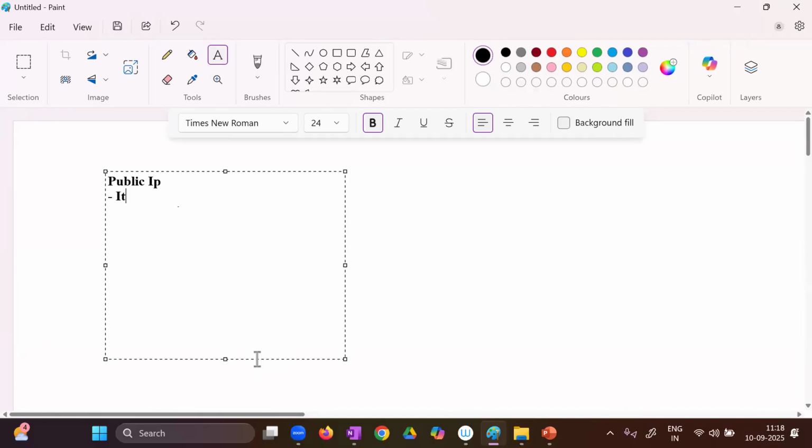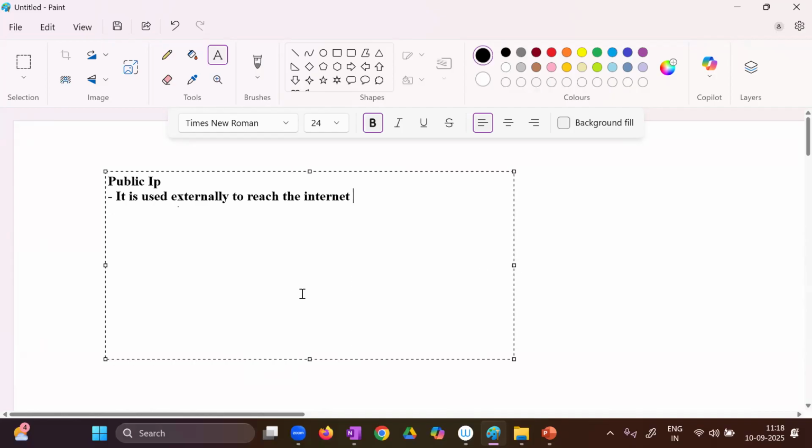See, it is used externally to reach the internet. Why do we use this public IP? It is used to reach the internet and it is used externally, right? Next point: it is unique. It means that your public IP address will always be unique, right?